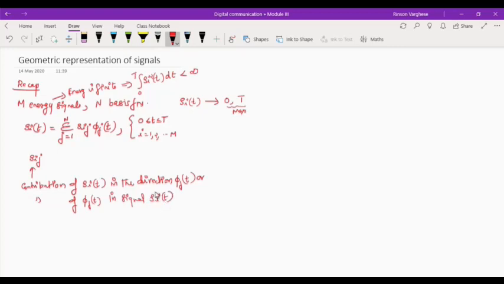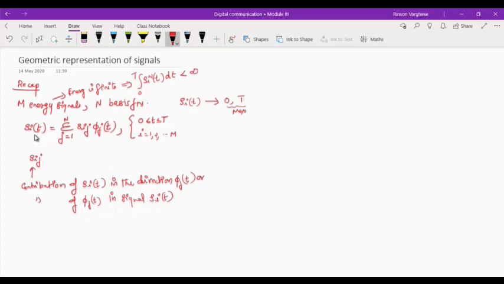You can say it both ways, that is, Sij is the contribution of the signal Si in the basis phi j, or how much, or it is the contribution of the basis to this signal. Okay, how much phi j contributes to the signal Si.